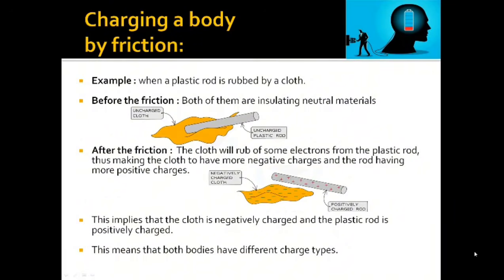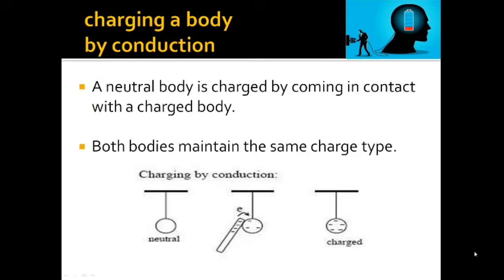So, by the process of friction, we've been able to charge two neutral insulating bodies. This is the process of friction. So you can charge a body by the method of friction and gain two oppositely charged bodies.